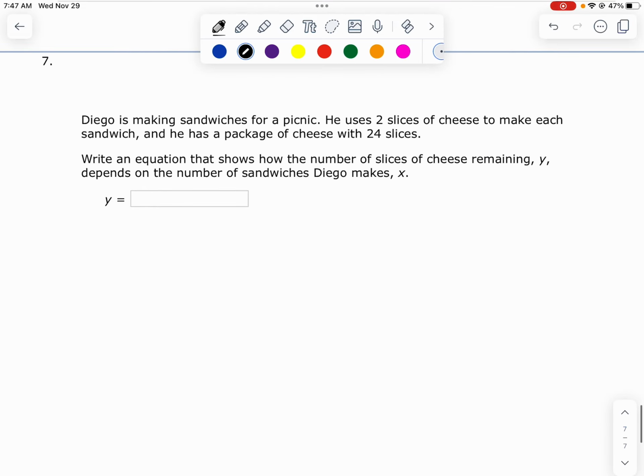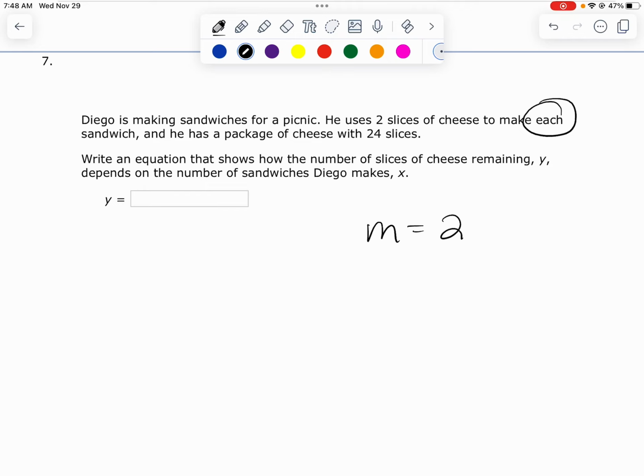Number 7. Diego is making a sandwich for a picnic. He uses 2 slices of cheese to make each sandwich, and he has a package with 24 slices. Okay? So that's my slope, 2 slices per sandwich.